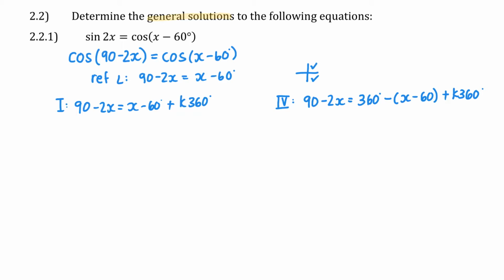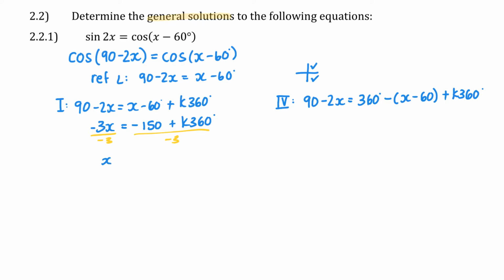So now I'm going to just do some rearranging. So let's bring the x's left. In other words, I'm going to subtract x from both sides, so I get negative 3x. And I'm going to subtract 90 from both sides, so I get negative 150 plus my repeat of 360. And let's divide everything by negative 3.